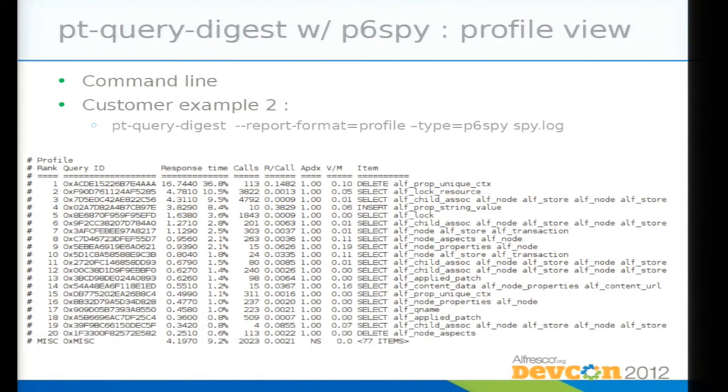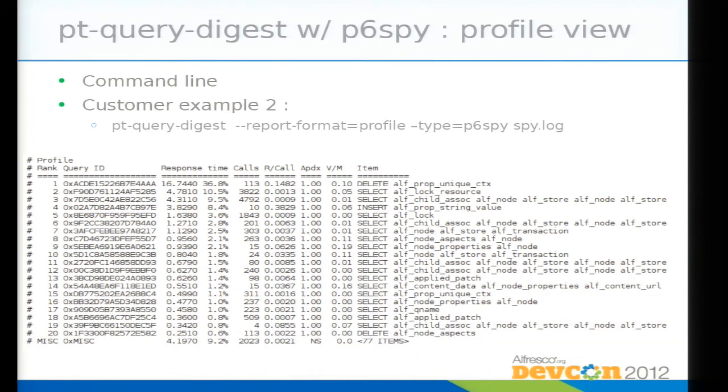Apdex is a statistical measure that you can use to measure the user experience, meaning how many queries were below the expected response time and how many queries were between 1 and 4 times the expected response time. The variance to mean is cool if you want to measure the stability of the query.